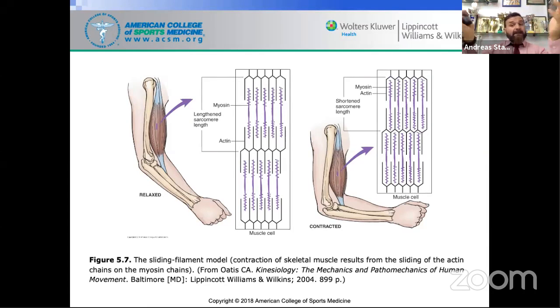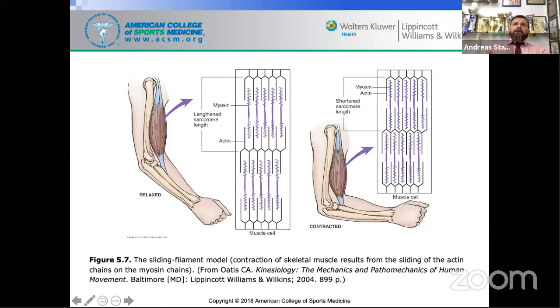And that's why we said a couple weeks ago that the muscles pull, right? So the cross bridges are going to attach to the actin, and the myosin will pull the actin closer together, and that's why it's contracted, and that's why that length is smaller than this length. Yes?